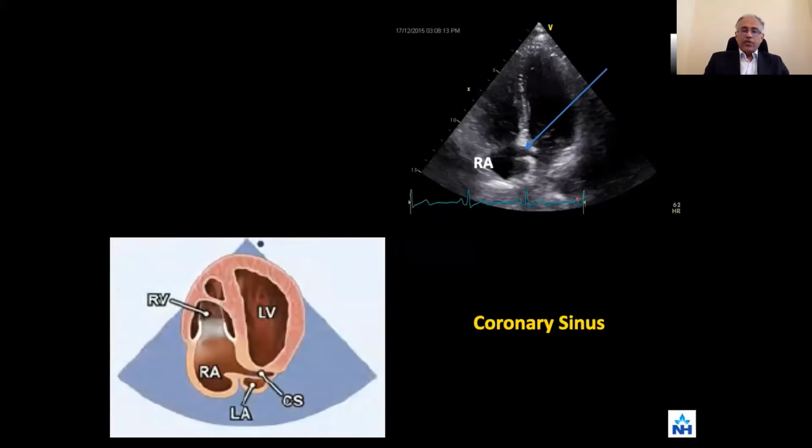It's only when you take views which are off axis, or when you go a little posterior, that it tends to be seen as a prominent echolucent area, and this can be mistaken for an ASD, which you have to be aware of. The coronary sinus opens into the right atrium, and it is very close to the tricuspid valve as seen over there.